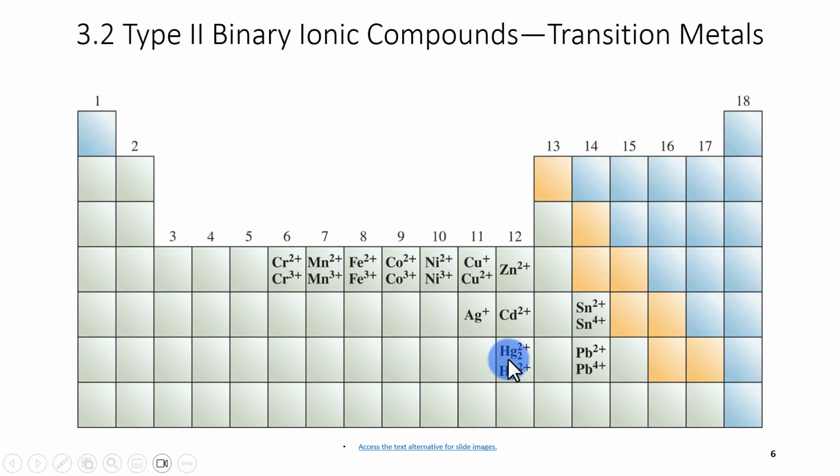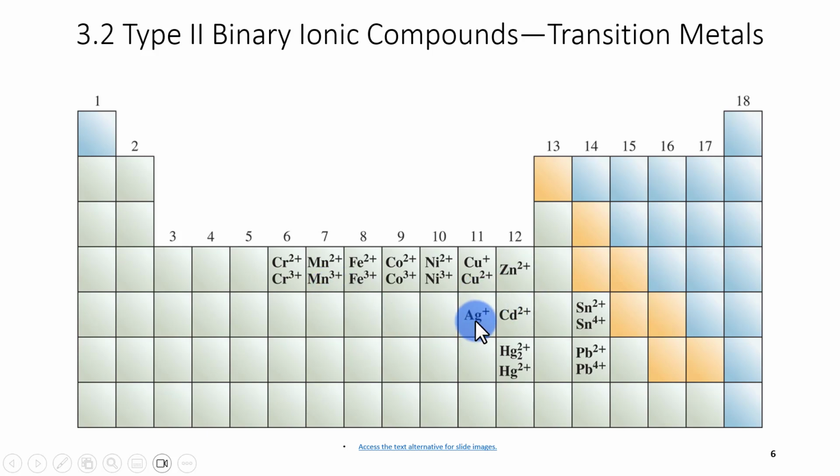Note that when you write mercury +1, it's not just Hg+, but it's written as Hg2 2+. Okay, so it's written as this ion over here versus Hg2+. And then we have tin here, lead, etc. Note that there are 3 exceptions.